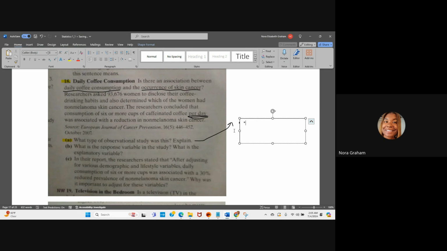There's cross-sectional. And then there's case control. And then there's cohort.